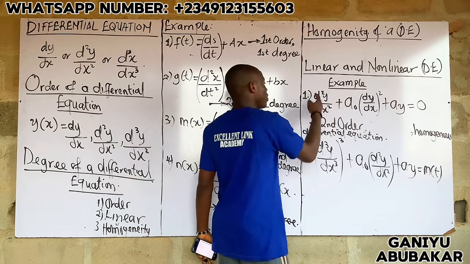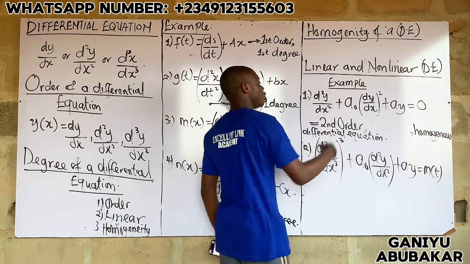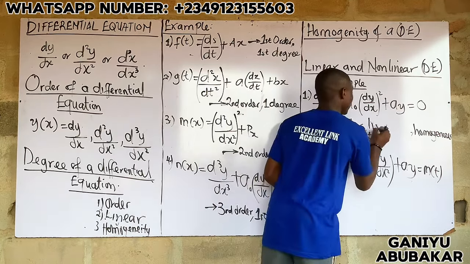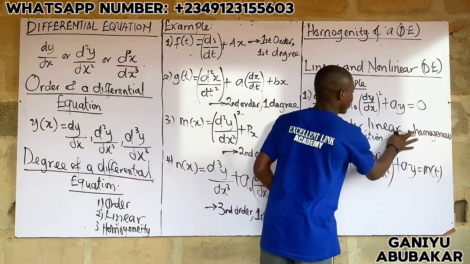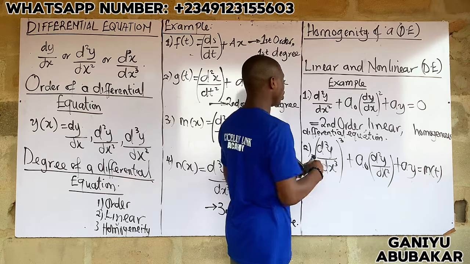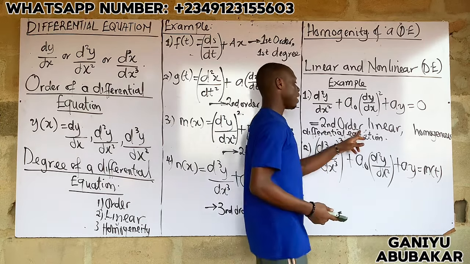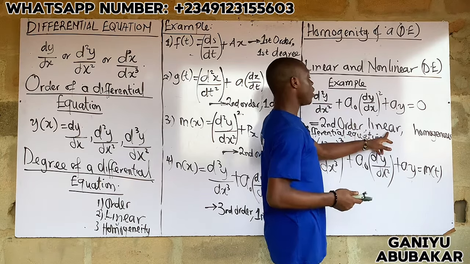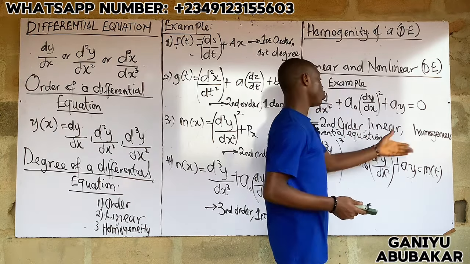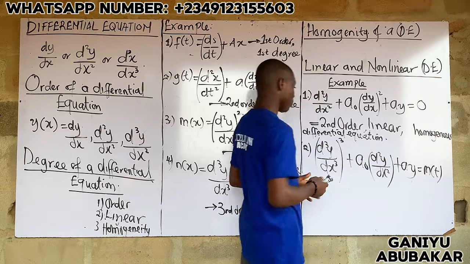Look at this now. This one is raised to power 1. So it's a linear differential equation. So this one is called second order linear homogeneous differential equation.